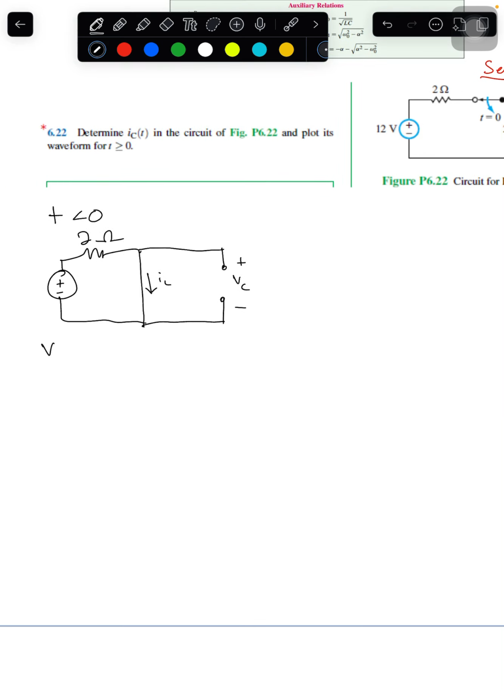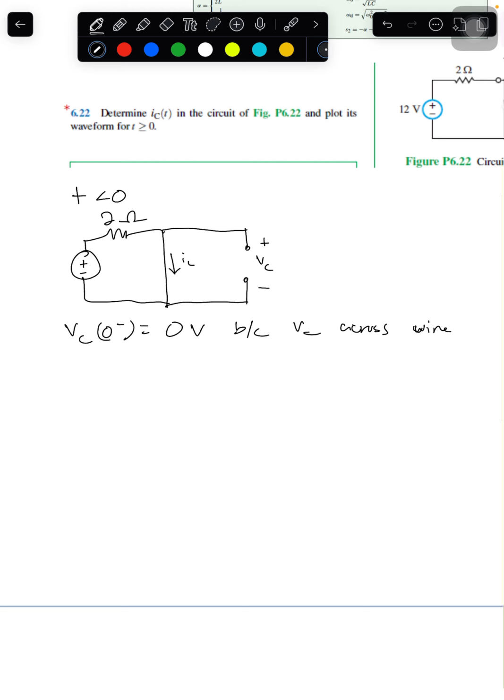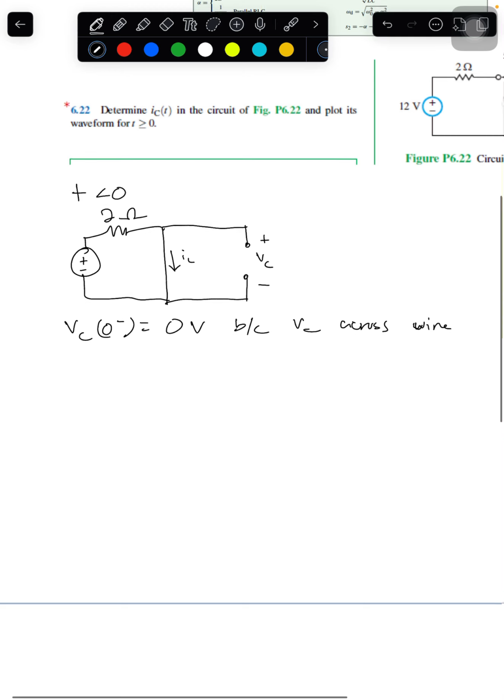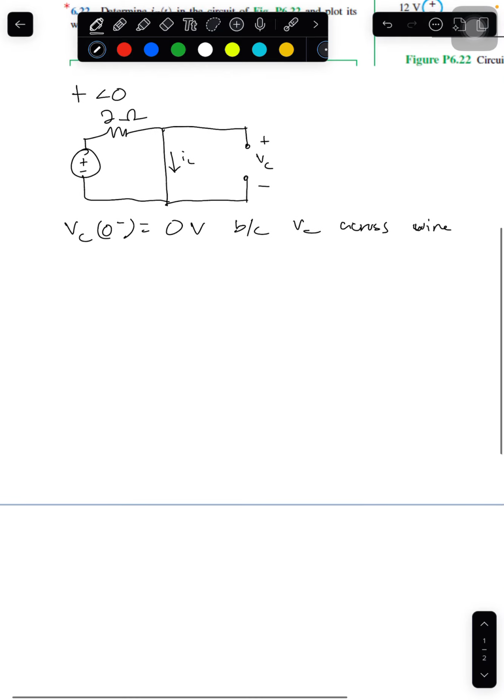So VC(0 minus) is going to be 0 volts, because DC is across a wire. Once the inductor is shorted, it becomes a wire, and VC is going across a wire, so it is 0.